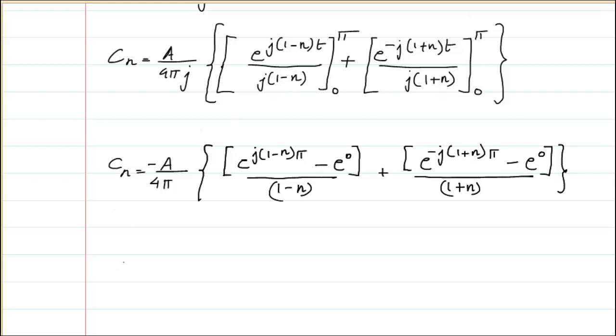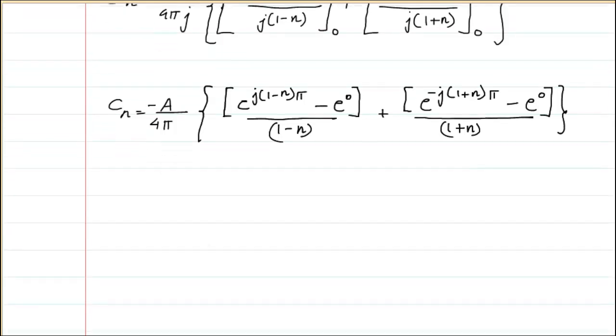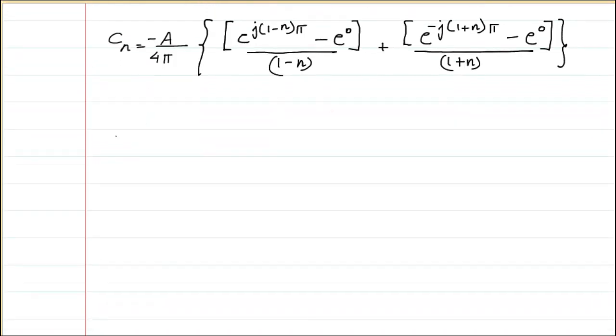And e raised to power 0 is equal to 1, from where cn is equal to minus a by 4 pi, and now I will write e raised to power j pi minus e raised to power j minus j n pi.